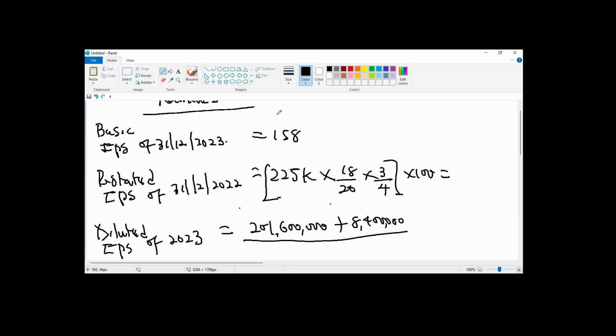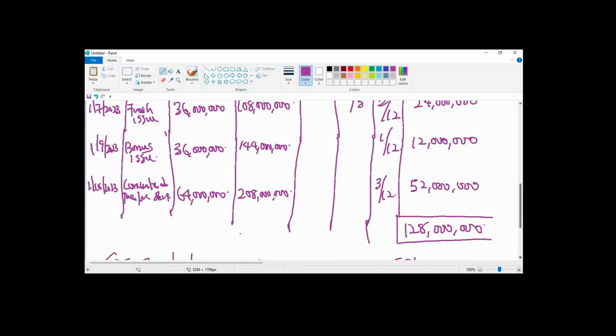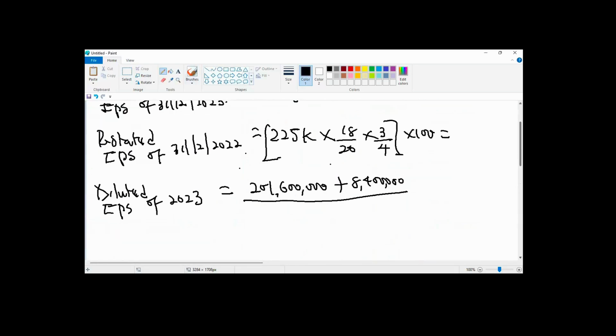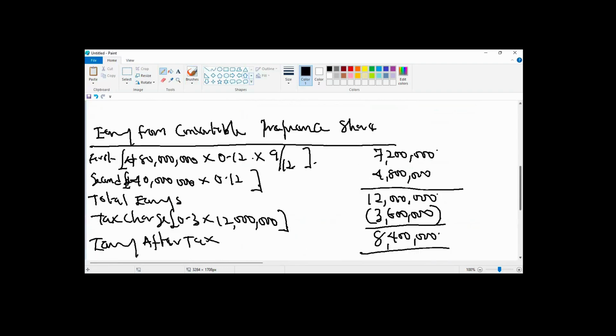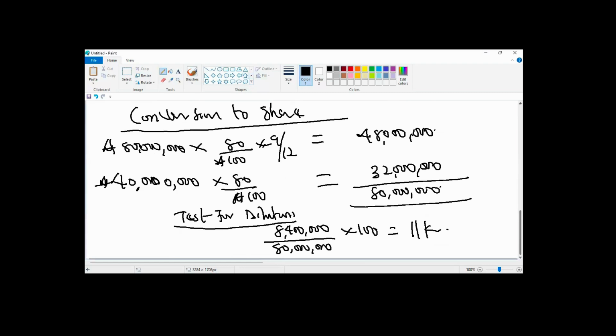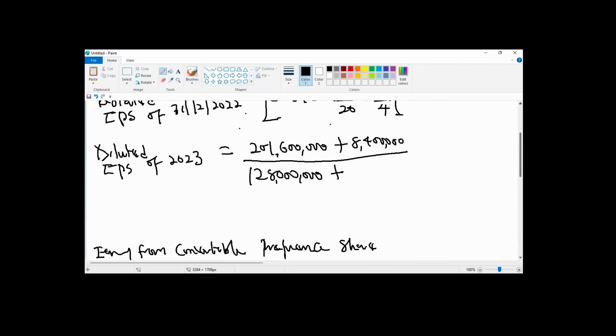Which share do we use for the basic? $128 million plus 80. That is it.